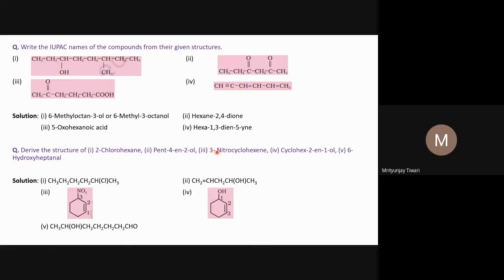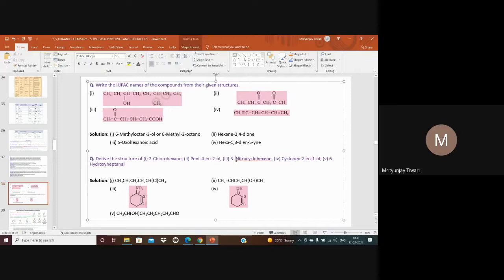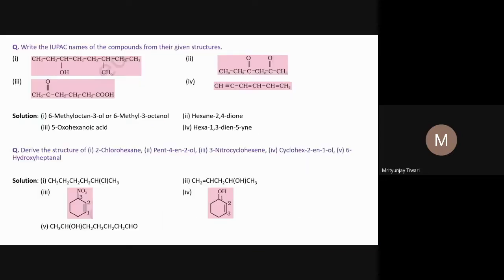Now this compound name is 3-nitrocyclohexene. So first of all, we will have to make a structure of cyclohexane, and we know it's a hexene.